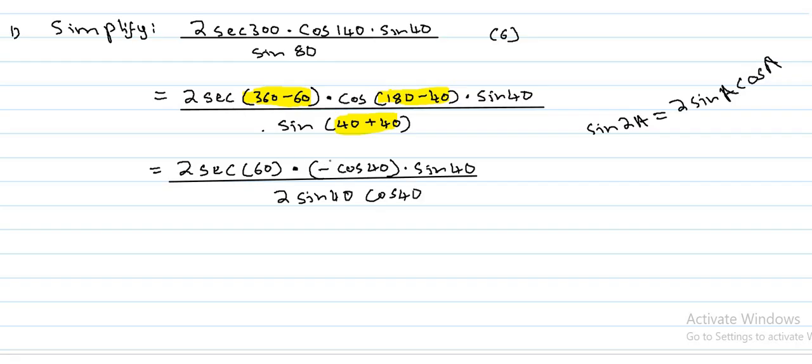So the negative will multiply across. When you simplify, this will be negative 2 sec 60.